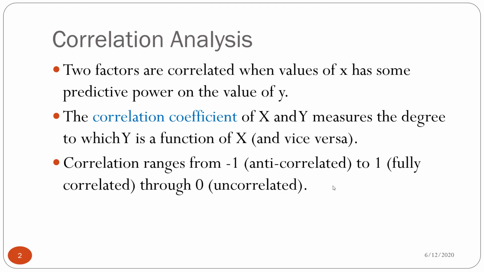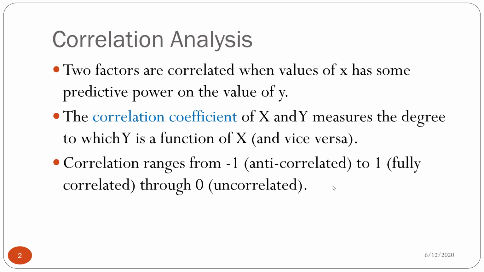So the correlation coefficient between X and Y would be the same as between Y and X, giving us the predictive power of X for Y and Y for X.